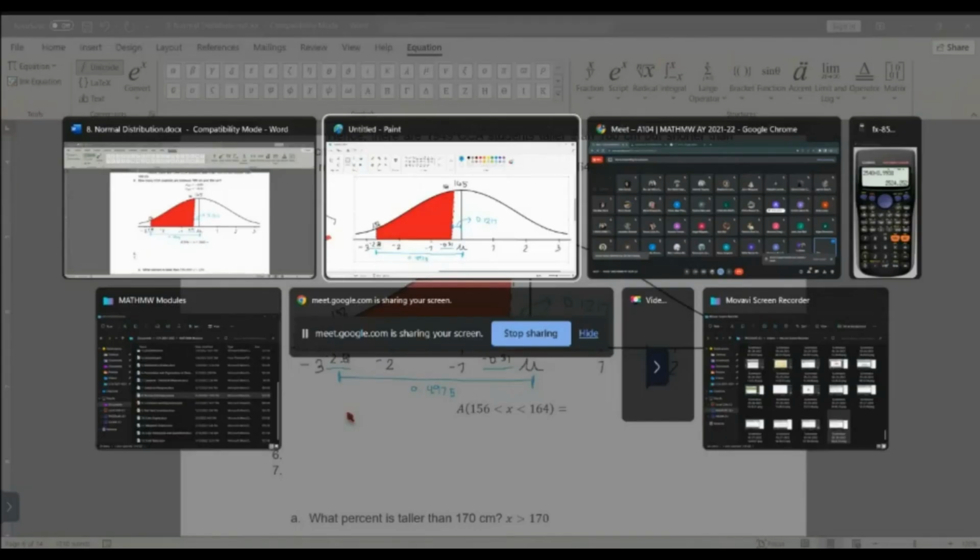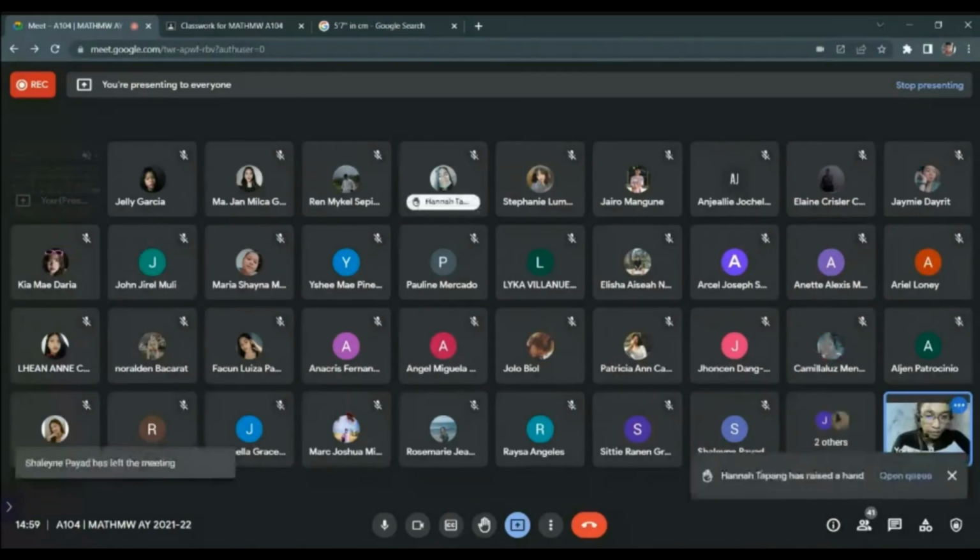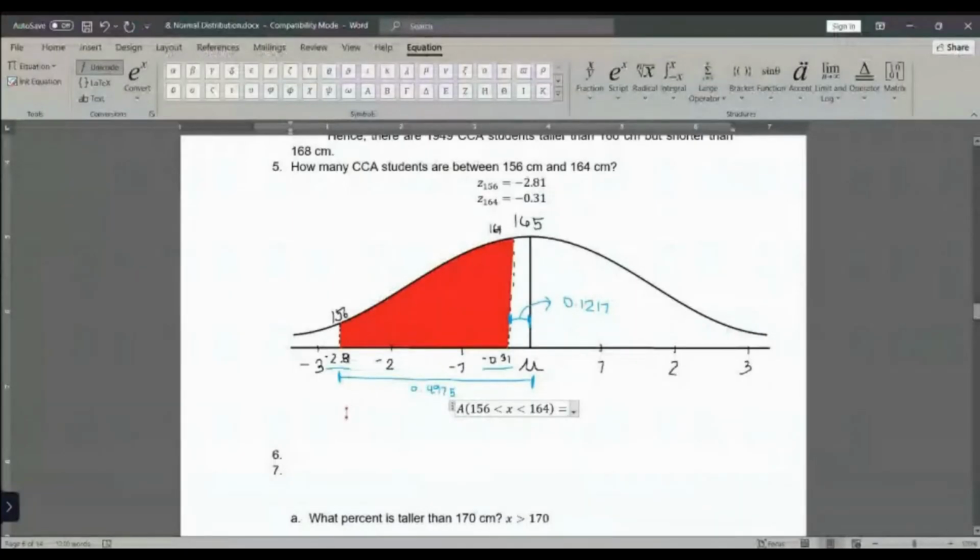I subtract both areas po. Subtract the area, specifically the smaller from the larger.